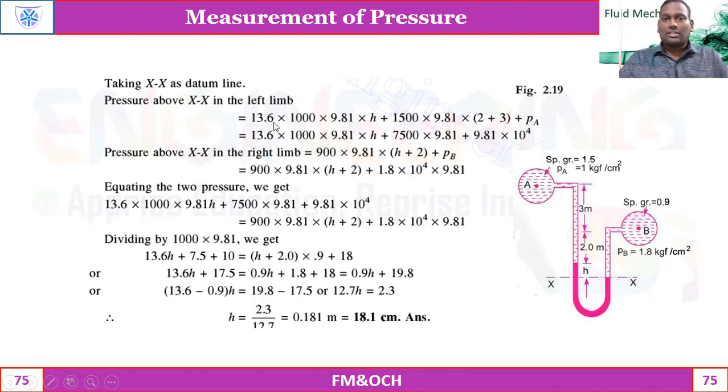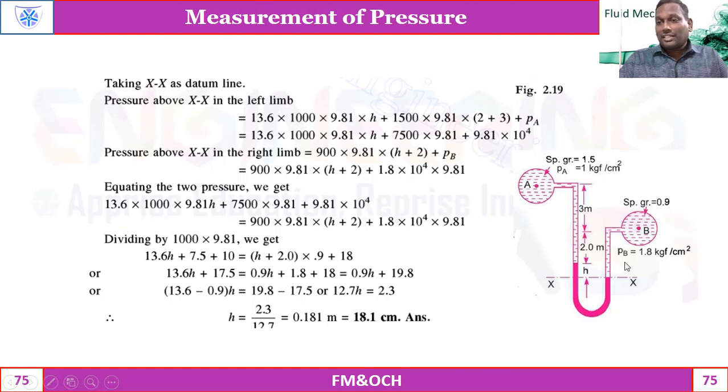Here you see the density of heavier liquid, that is 13.6 thousand into gravitational acceleration g and into height, plus the density of this liquid, 1.5 into 1000, 1500 into 9.81 into 3 plus 2, plus PA. So we need to work out like this.